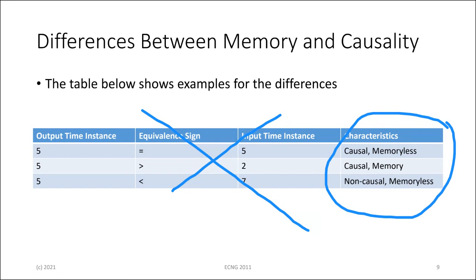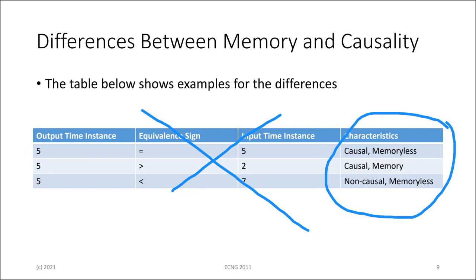We can have causal and we can have memory. The vast majority of systems that have capacitors or microprocessors in them are memory type systems, and they can be causal in that we could turn them on and we put an input, and it's only after the input that we get a reaction. Or they can be non-causal. For instance, if it has storage inside of it somewhere and you're replaying the storage, then you're not dealing with a causal system there.